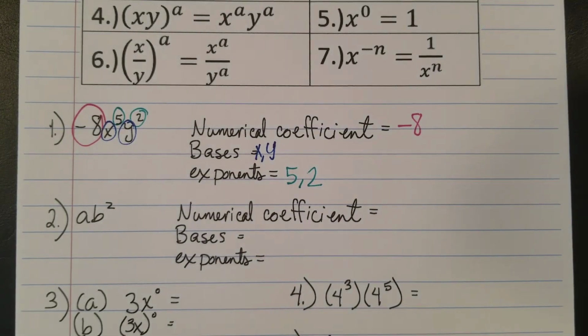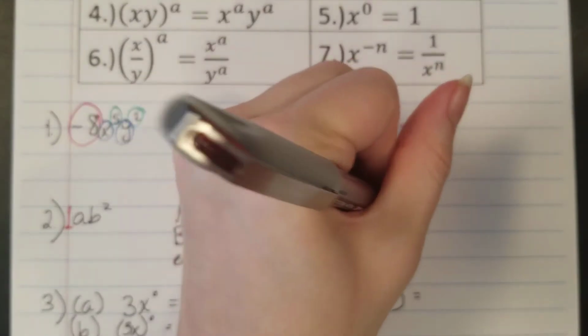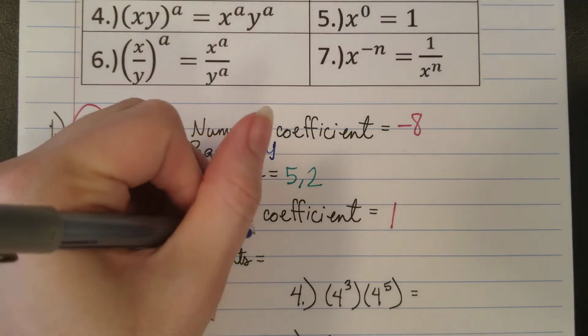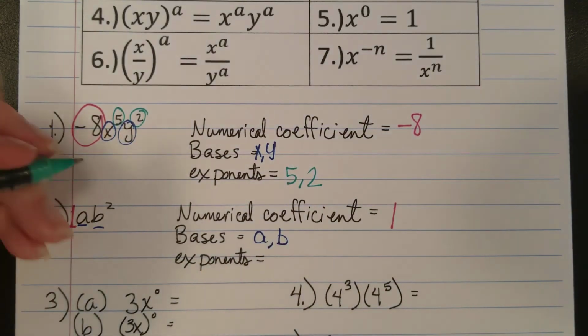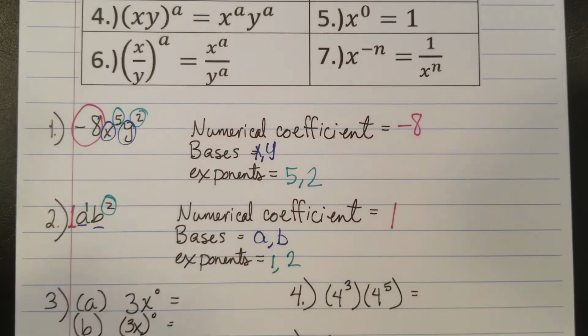Okay, and then on number 2, the numerical coefficient would be an invisible 1. The bases are a and b. And the exponent, another invisible 1 there, and then the 2.